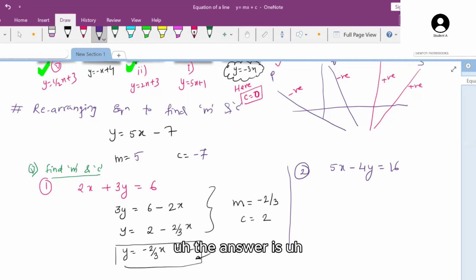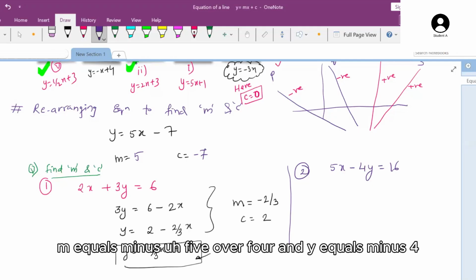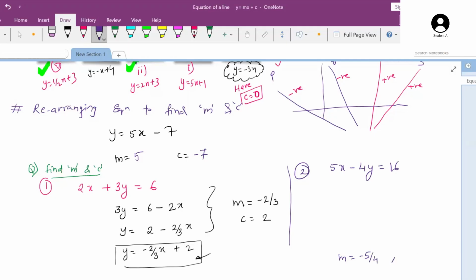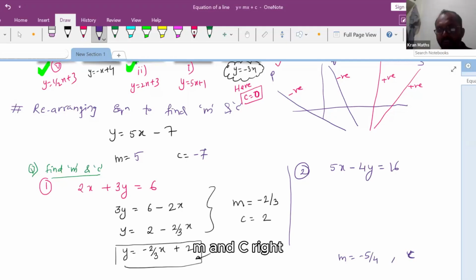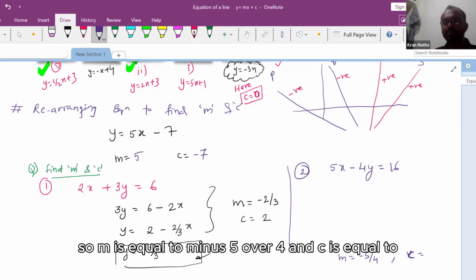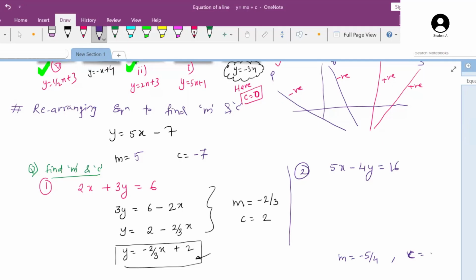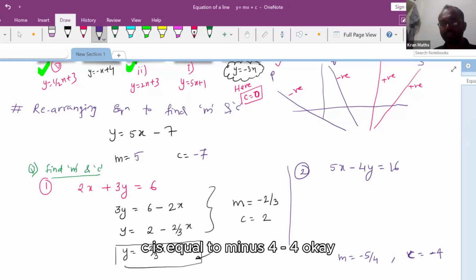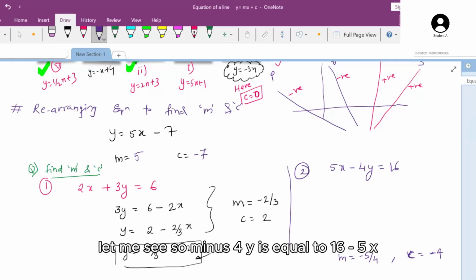The answer is m equals minus 5 over 4 and c equals minus 4. M and C, right? So m is equal to minus 5 over 4 and c is equal to minus 4. Let me see.